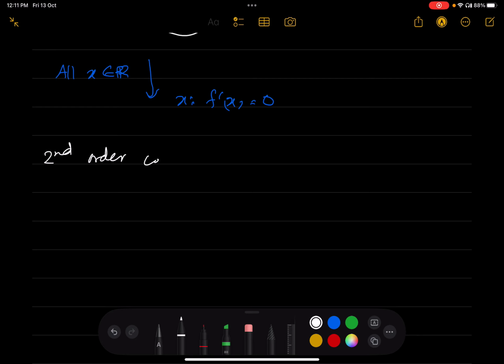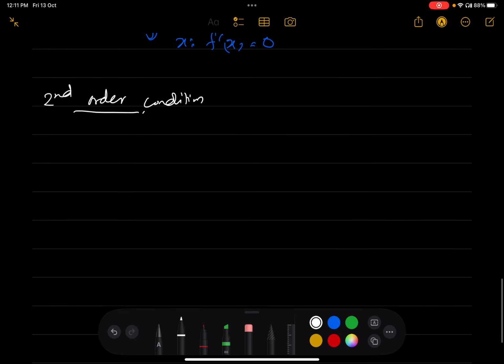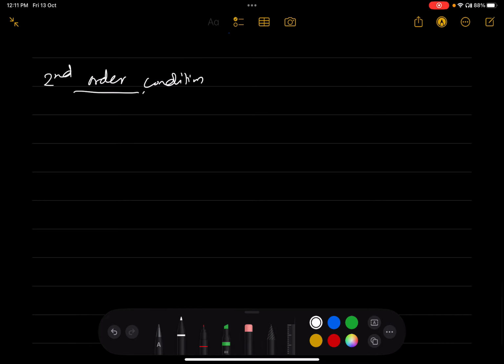So for that, we use the second order condition. What does the second order condition say?